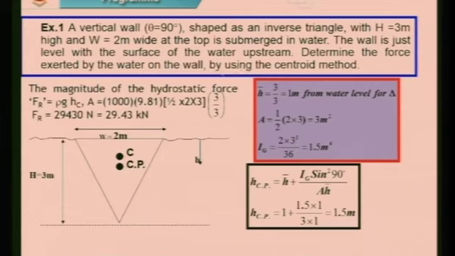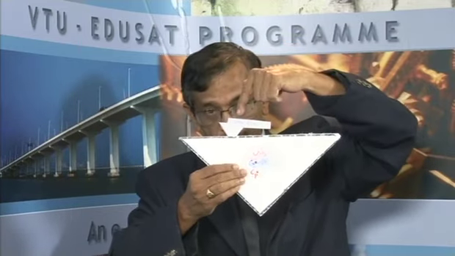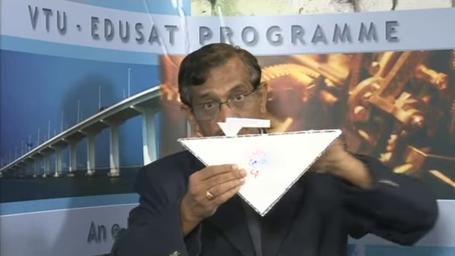Okay. As far as the problem is concerned, the only change is it is a triangle instead of a rectangle. Second thing, earlier the water level was higher, it was at 1.5 meter here. Now the water level is exactly the same, it is flush with the triangle wall, correct.